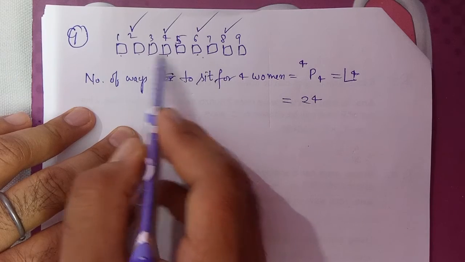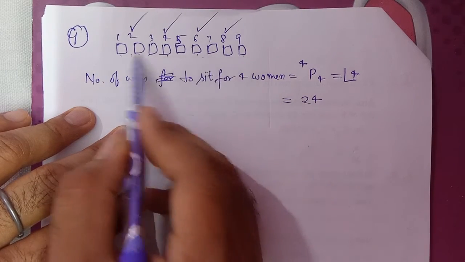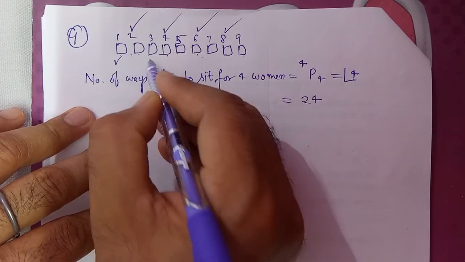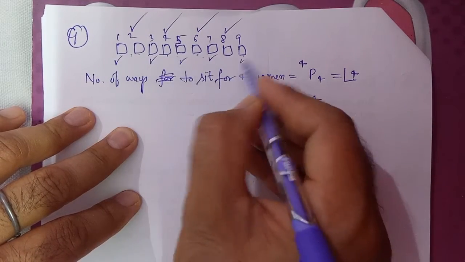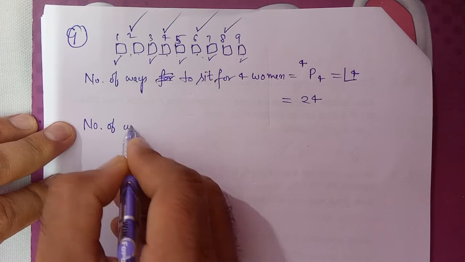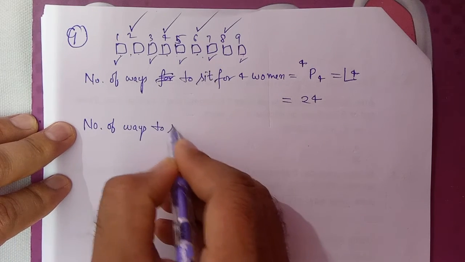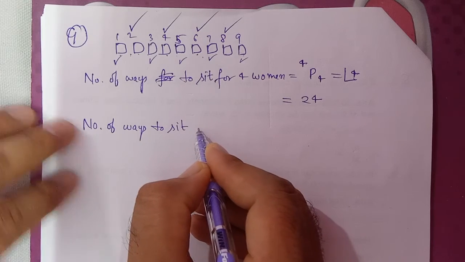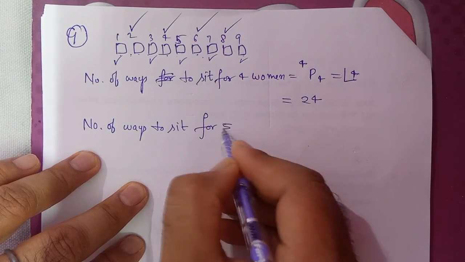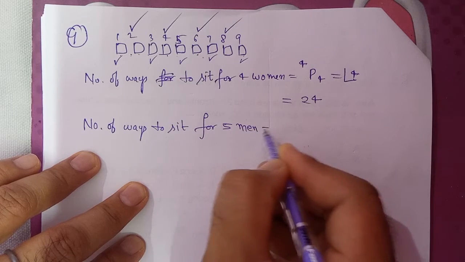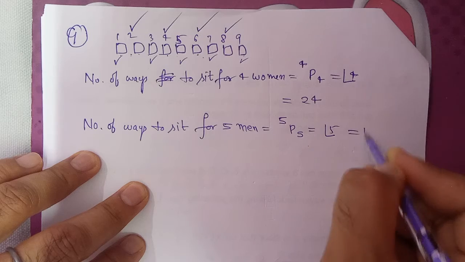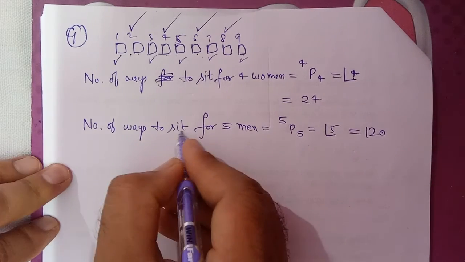Remaining places 5. Remaining members, that is male members, available 5. So arrangement of the remaining 5 at the remaining 5 places. Number of ways to sit for 5 men will be 5P5 or 5 factorial or 120.